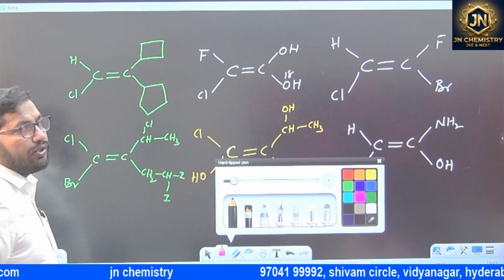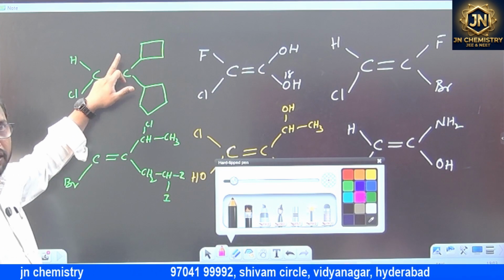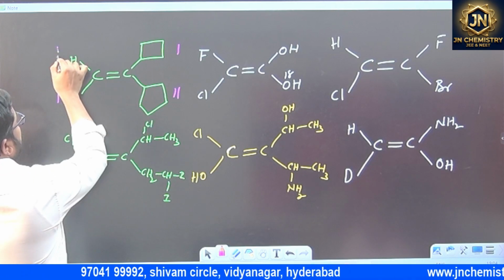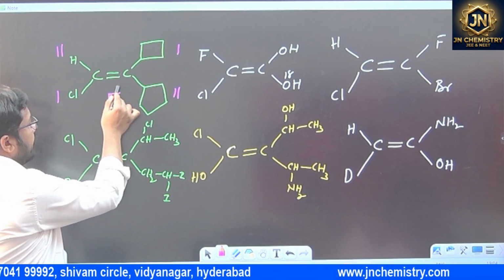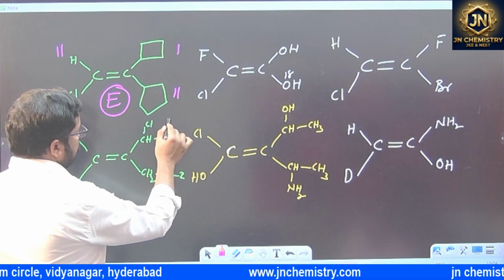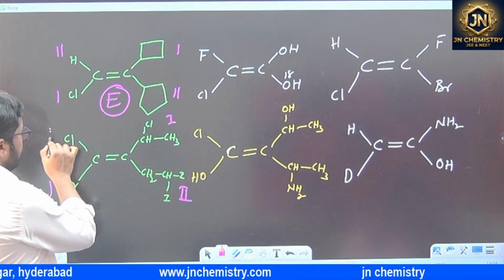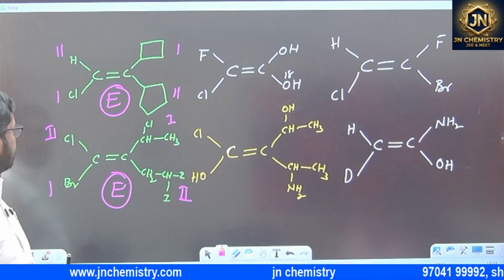Now I told you, when there is a small ring and a big ring, which one gets more priority? The small ring, right? 1, 2, 1, 2, obviously that would be E. Here, this is first, second, first, second. This is also E.